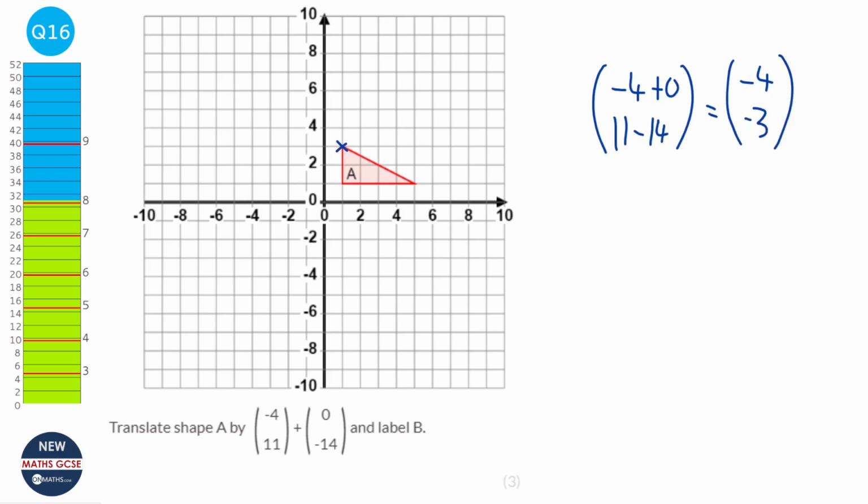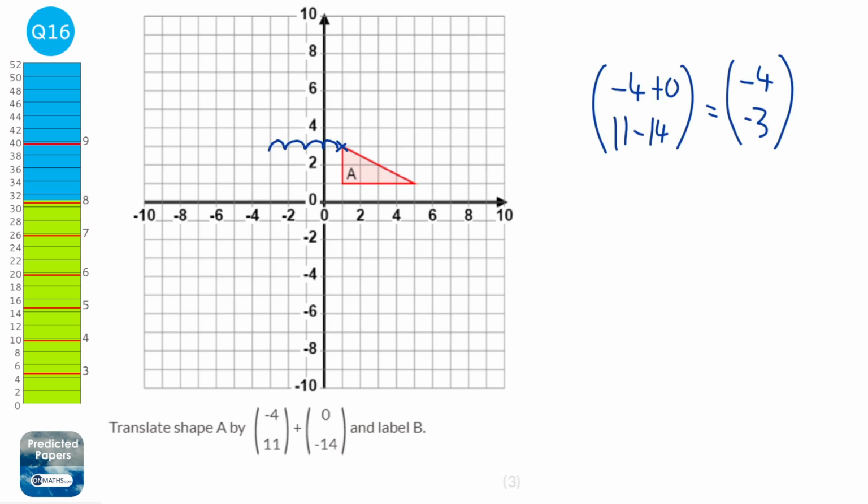Then I go pick a point on my shape, and the bottom or the top one tells us how far right we're going. So we know we're going 4 to the left because it's obviously a negative. So we're going to go 1, 2, 3, 4. The bottom one tells us how far up we're going.